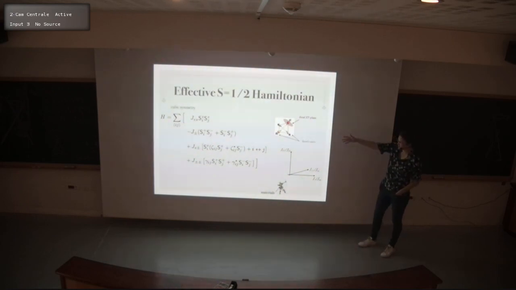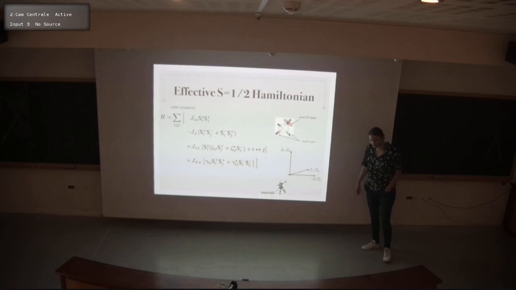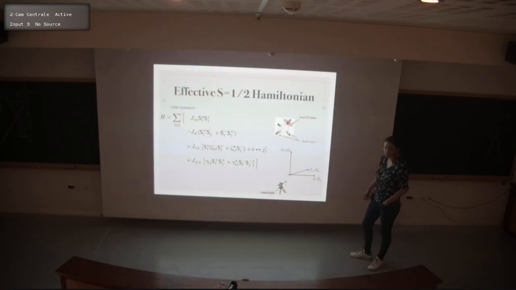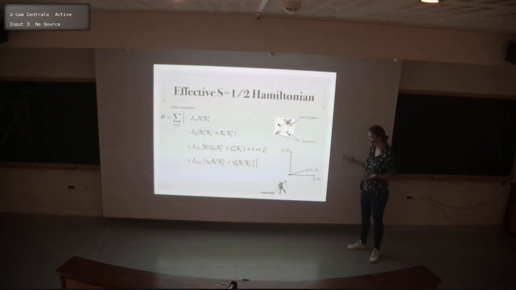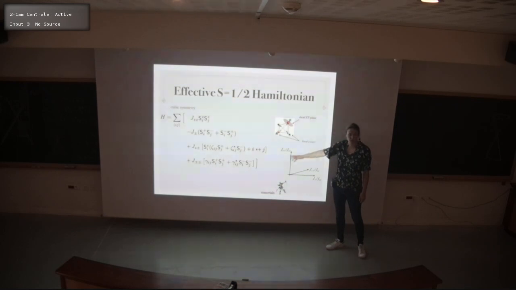And as I mentioned, this was actually the most general nearest neighbor Hamiltonian that you could write based on symmetries. So actually all materials which can be described by a nearest neighbor Hamiltonian, that is, for which the longer range interactions are very weak, which is the case for rare earths, for example, should be described by this Hamiltonian, if there's indeed a good effective spin half.